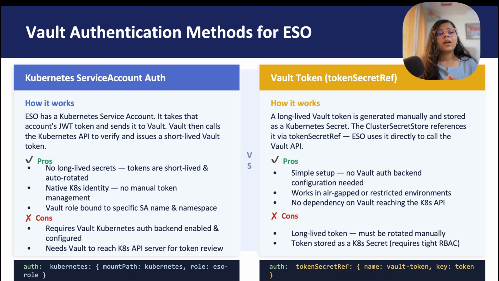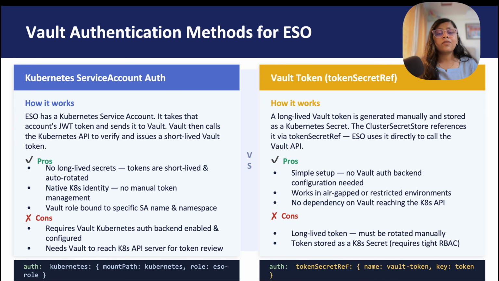Okay. Now let's try to understand the cons of both of them. So it requires Vault Kubernetes auth backend enabled. So this is another thing you need to consider, right? And it needs Vault to reach the Kubernetes API server for the token review. Okay.